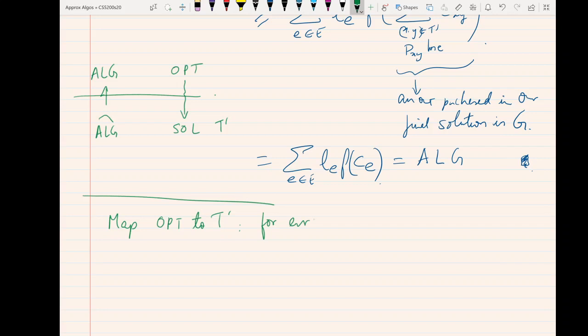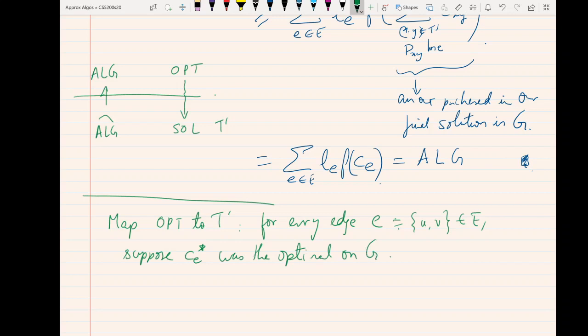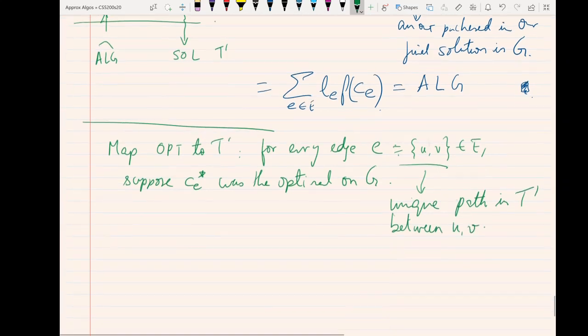So for every edge E, suppose the star was the optimal. So now every edge here corresponds to a unique path in T prime, right?